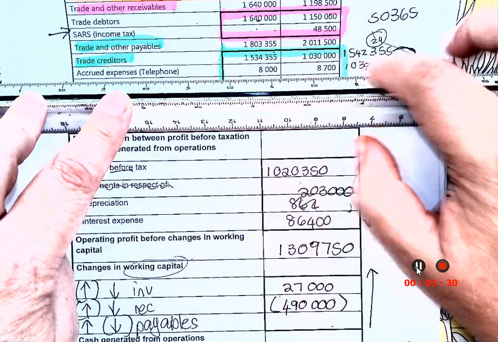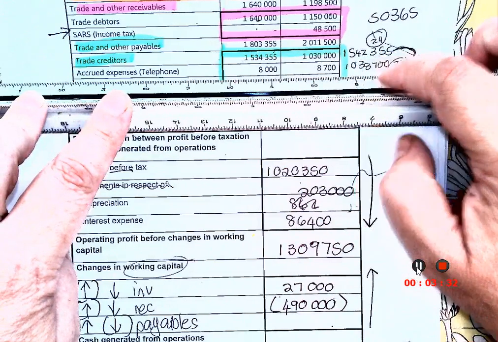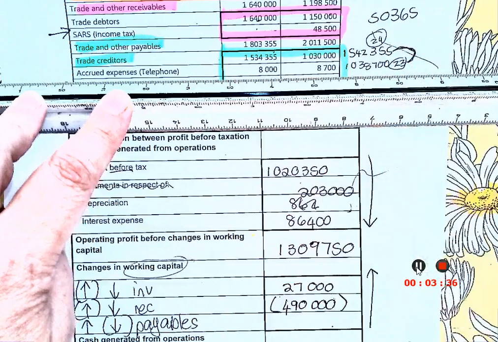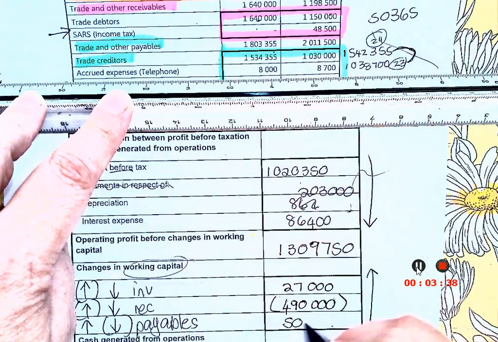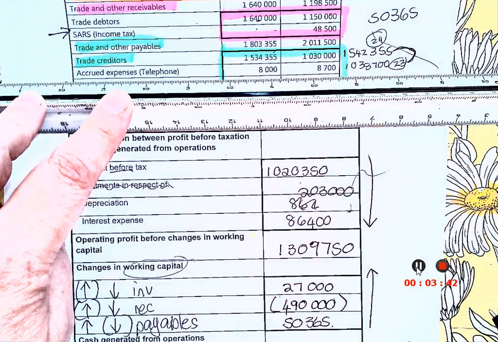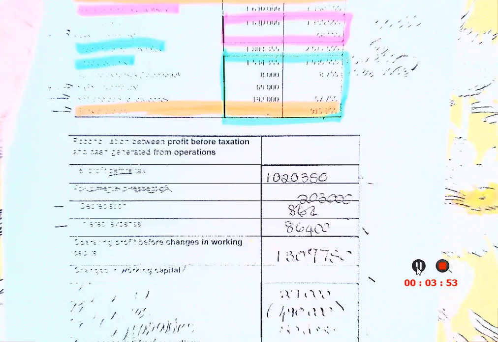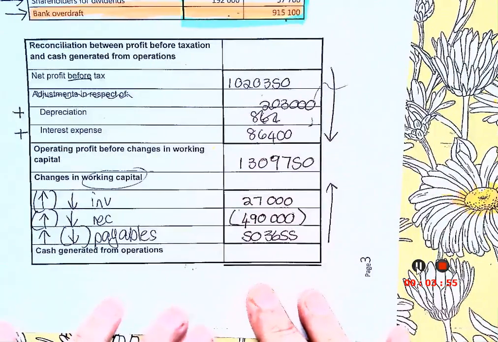So now what I did is I added this year and I added last year, and I see the difference is 50365. Is it an increase or is it a decrease? It's an increase, and an increase is positive.